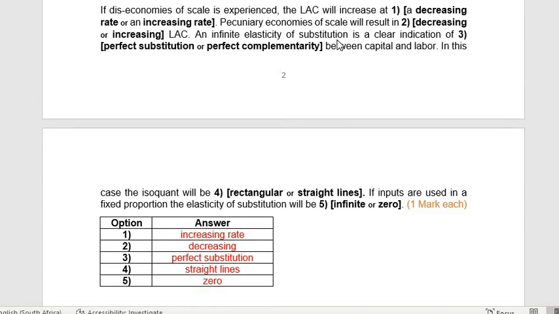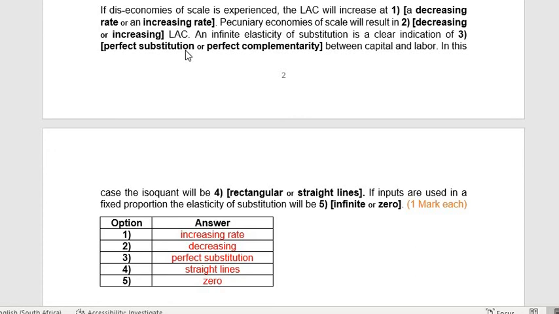Pecuniary economies of scale are basically a type of economies of scale that come with bulk buying, but the logic still remains the same. Wait, no, sorry. With the pecuniary economies of scale, you have a decreasing long run average cost curve.